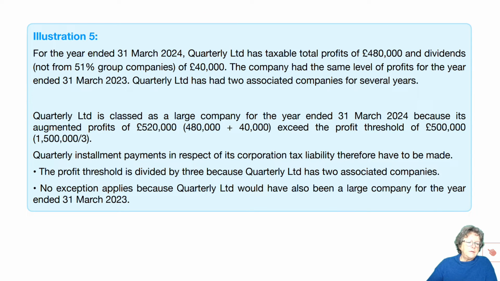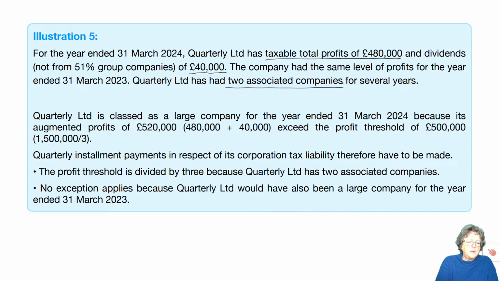So for the year ended 31st of March 2024, Quarterly had TTP of 480, dividends not from a group of 40,000. It had the same level of profits for the year ended 31st of March 23 with 2 associated companies.